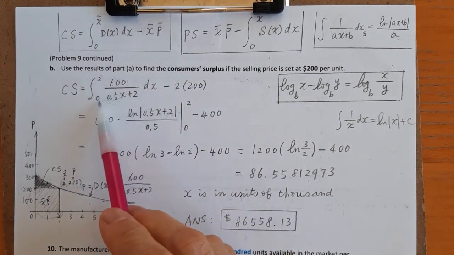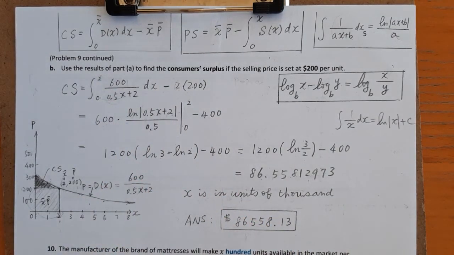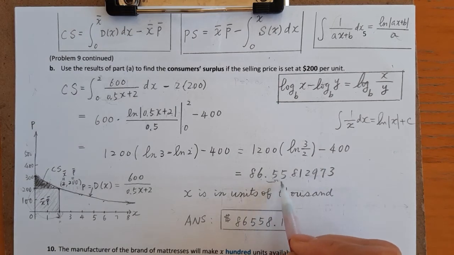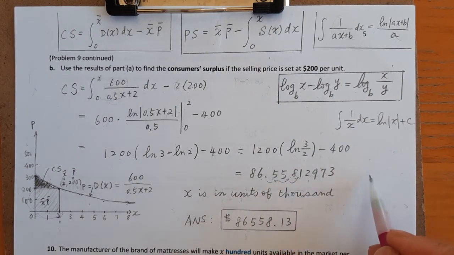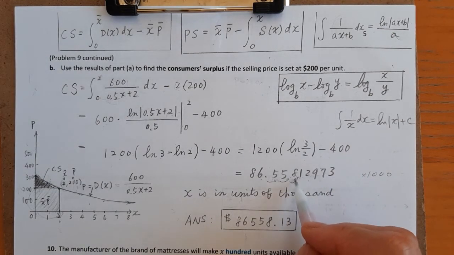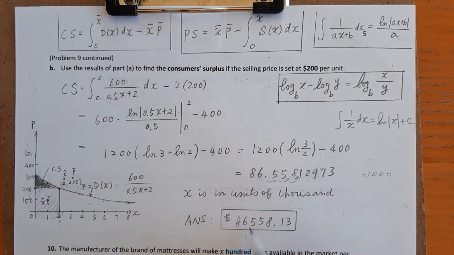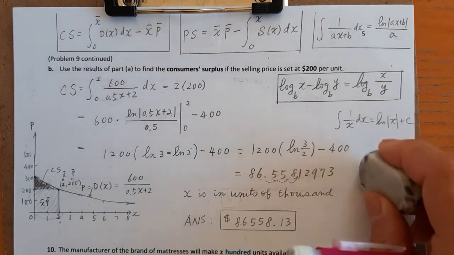So the range 0 to 2 is also in thousands. So this should be in thousands: 86.55812973 in thousands. So you multiply by 1,000 and move the decimal point to the right. 1,000 has 3 zeros, so move the decimal point to the right 3 positions, because x is in units of 1,000.